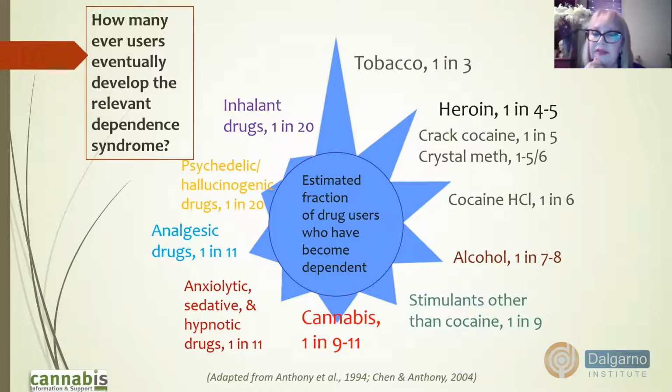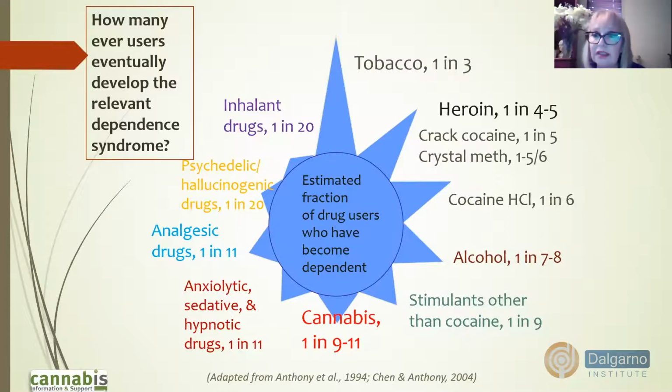Tobacco up there is the big one, where 1 in 3 of those who ever use tobacco will go on to develop a dependence on it, followed by heroin and the ones we know, crystal meth and crack cocaine, through to alcohol, 1 in 7 to 8, the non-crystal amphetamines, the powders, 1 in 9, and cannabis is 1 in 9 to 1 in 11, typically thought to be about 10%.